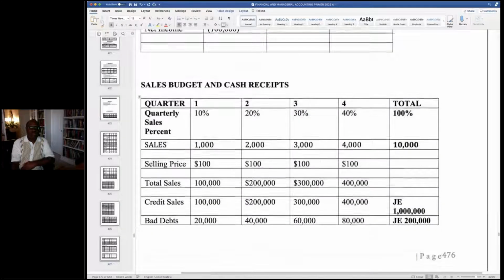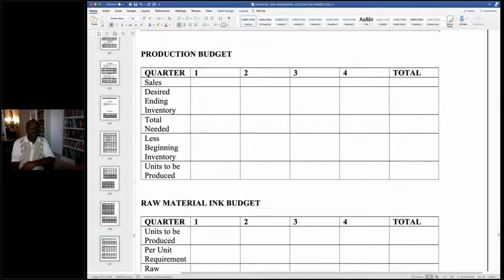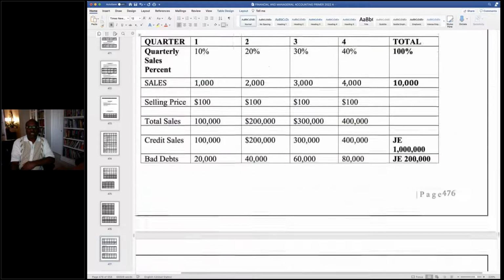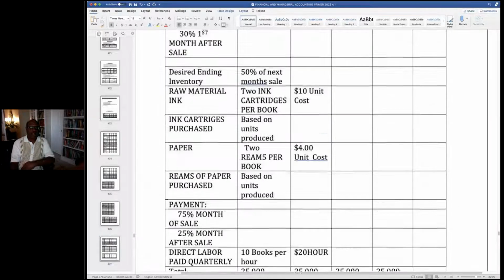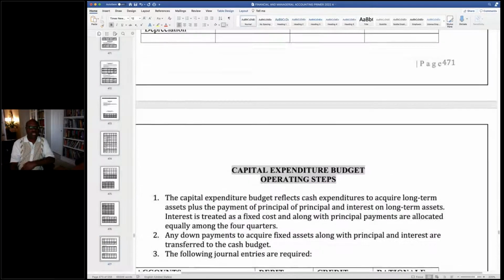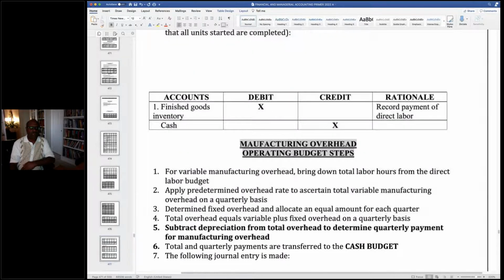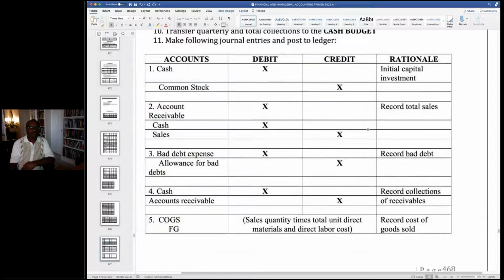Let me do this so they'll be close by. See if I can copy these journal entries. So here's a chart with our journal entries in it.